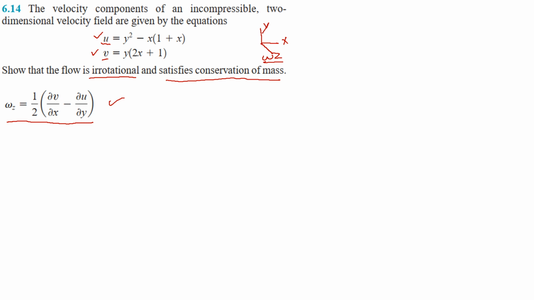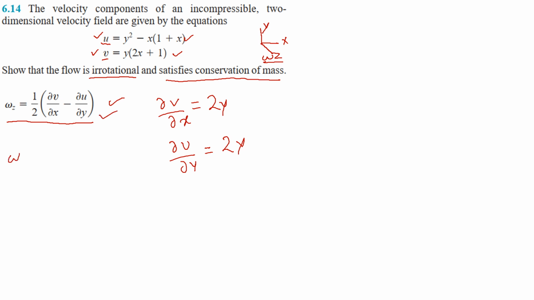So taking the partial v over partial x of this term will give us 2y, and taking the partial u over partial y of this term right here, we will get again 2y. So now put these terms in this equation right here.